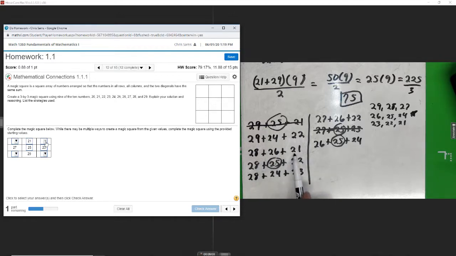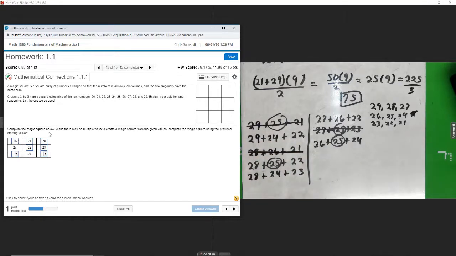It's 21, 23. Both of those are paired with 28. I think that's going to be the only one. So 28 is going to go here. And then that will allow me to fill in these 28, 21, and 26. So 26 is going to be this corner.